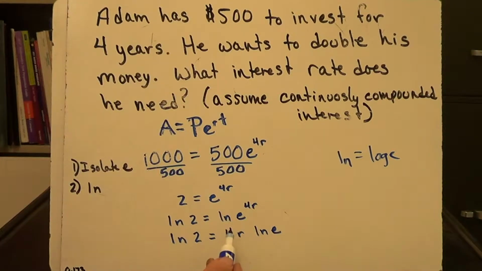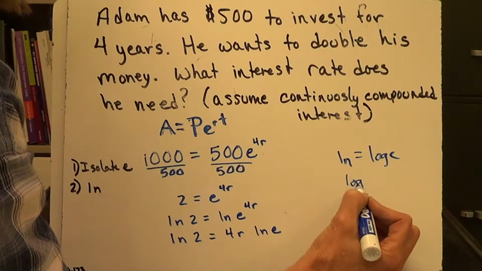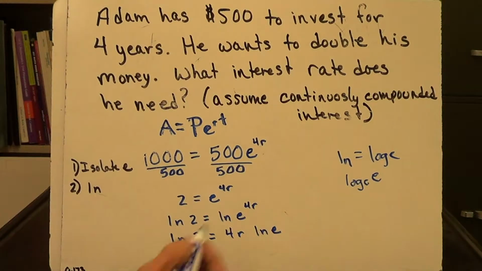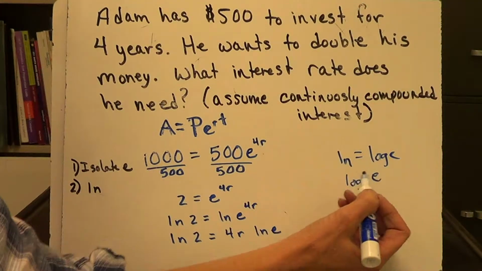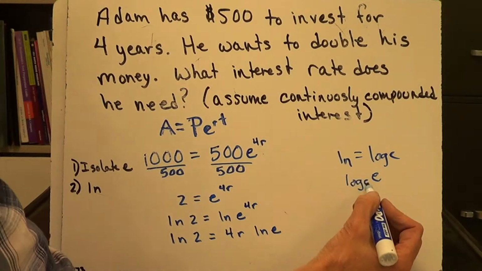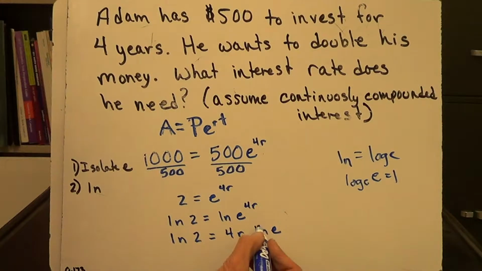Just like the last problem, we bring the 4r to the front. But as you look at this, ln e means log base e of e, so it's going to cancel because log base e of e equals 1. You can cancel it and put a 1, or you can just say 1 times anything is that.